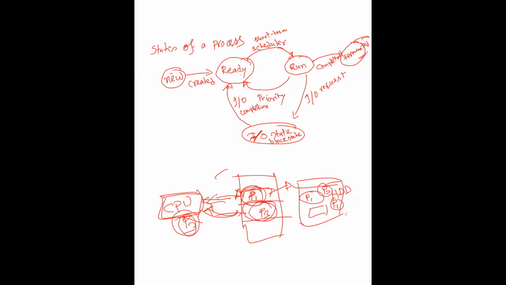So it goes back to the RAM, and when it completes the IO, it is now in the ready state. Your P1 is in the ready state because it completed the IO, so your OS can schedule process P1 again. So after the IO state, a process can go back to the ready state for execution.